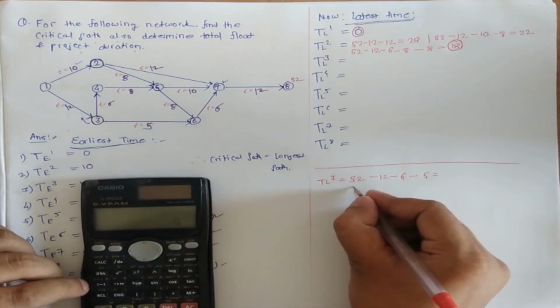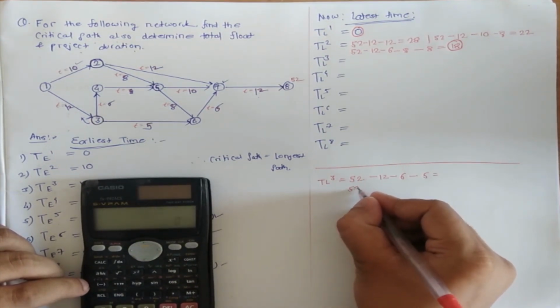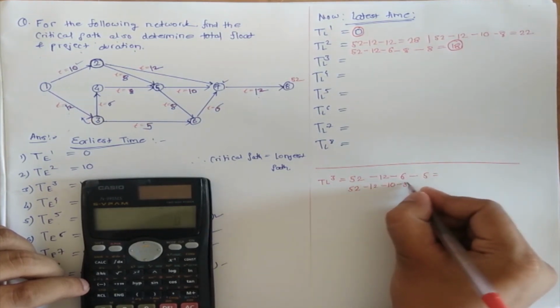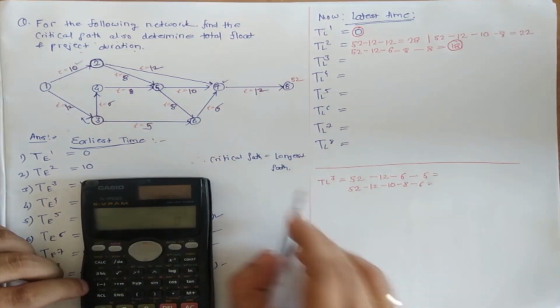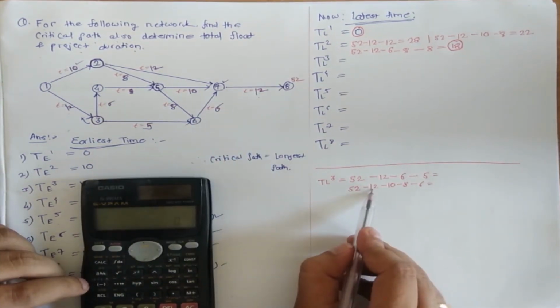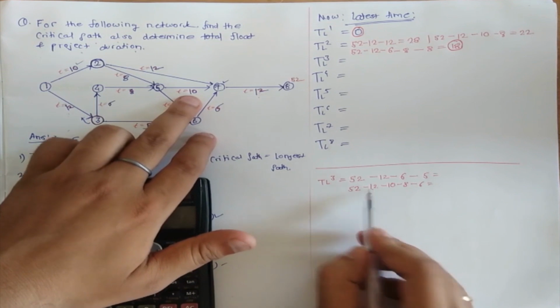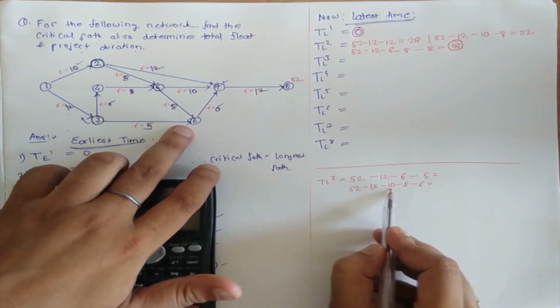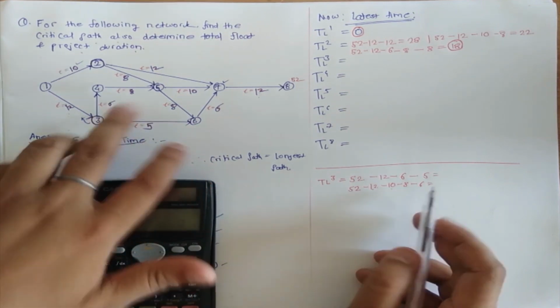Okay, and second will be 52 minus 12 minus 10 minus 8 minus 6.